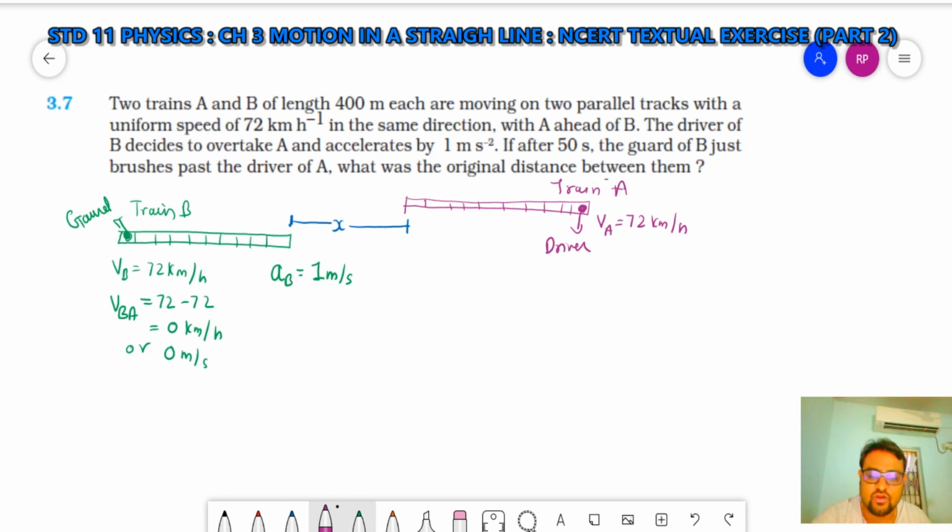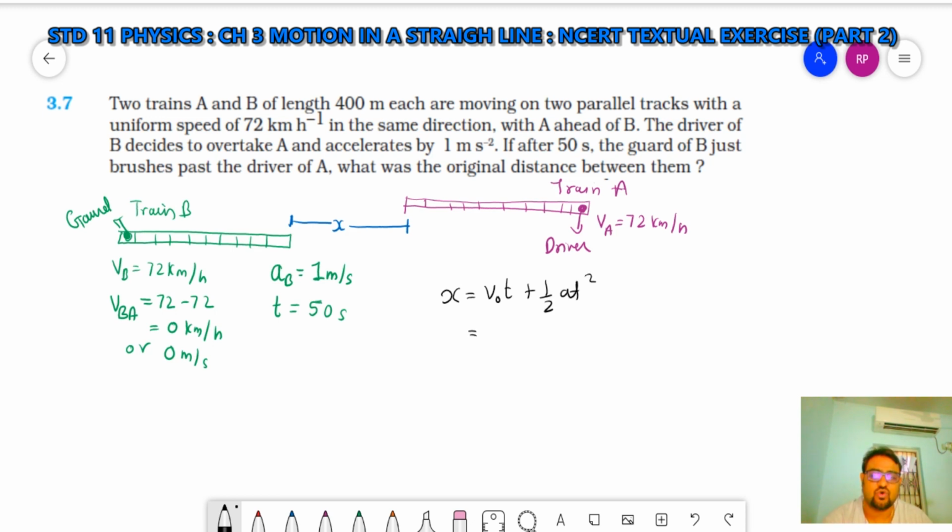And what was the time for that? t is equal to 50 seconds. What was the original distance between them? So this distance x, we need to find out this original distance x. Now what is the formula? We can use the kinematic equation x equal to v0 t plus half a t square.